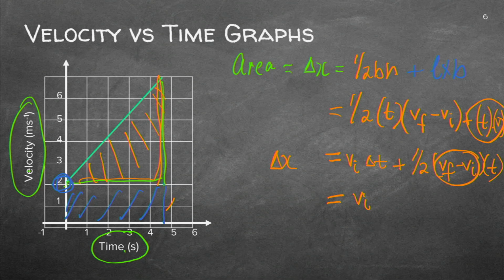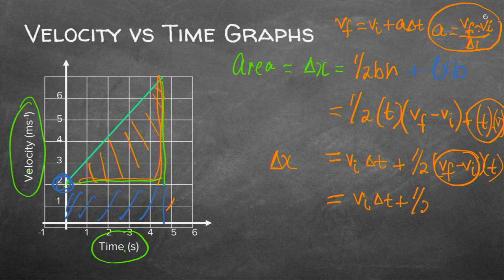Can you remember from my first equation, I can say acceleration is Vf minus Vi over delta t. I'm now going to substitute that in this part where I've got Vf minus Vi. So I've got Vi delta t plus half, and Vf minus Vi is actually a delta t.